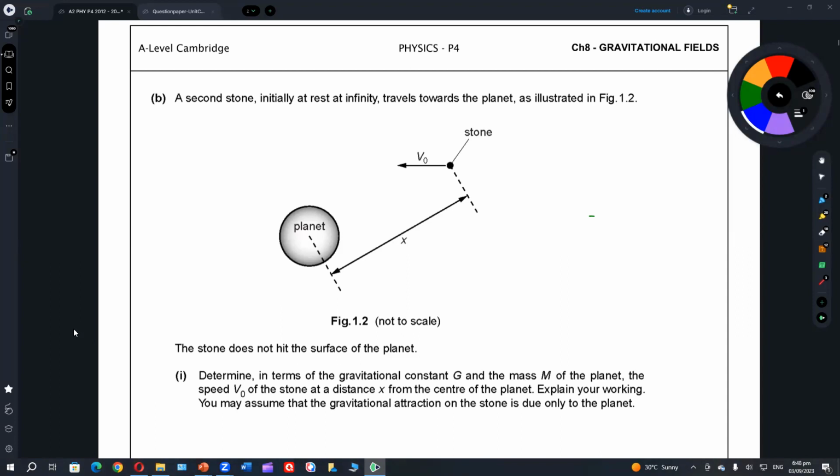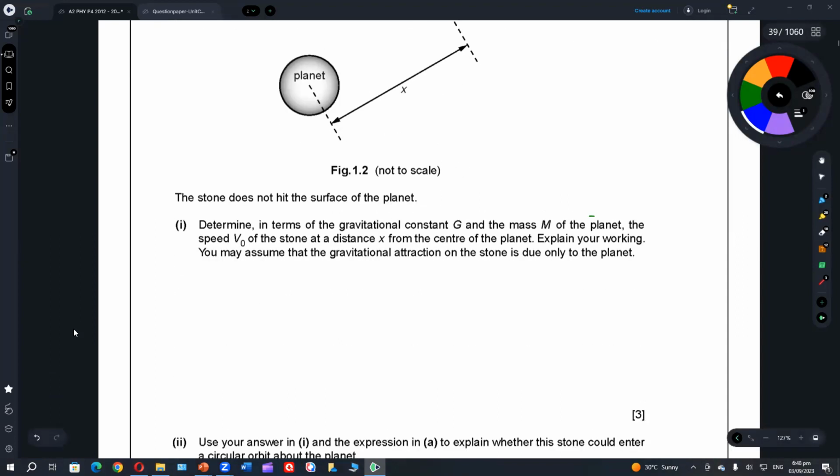Gravitational constant and the mass of the planet, the speed v. Speed means kinetic energy and separation means potential energy. So as the stone is approaching, its kinetic energy will increase. And there will be a loss in gravitational EP.